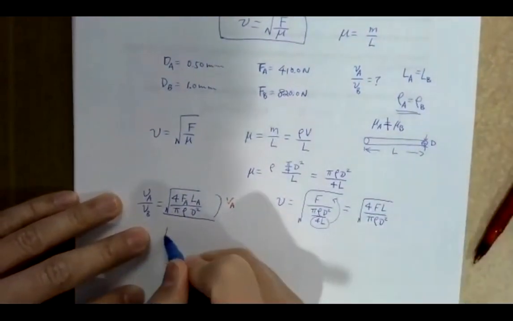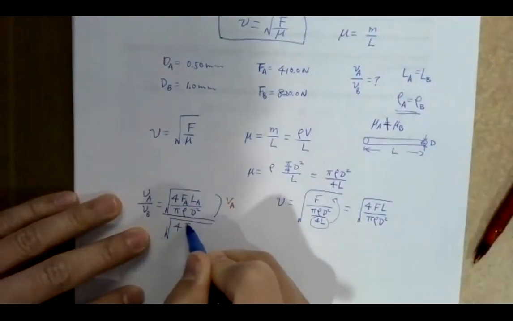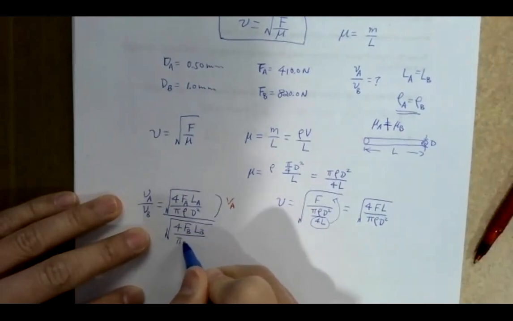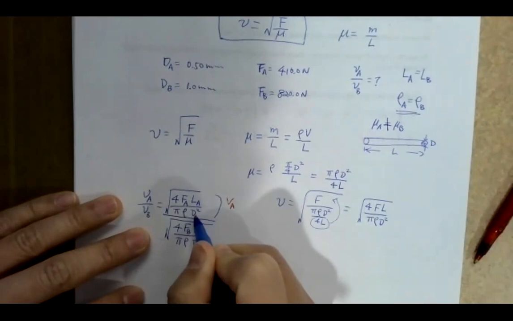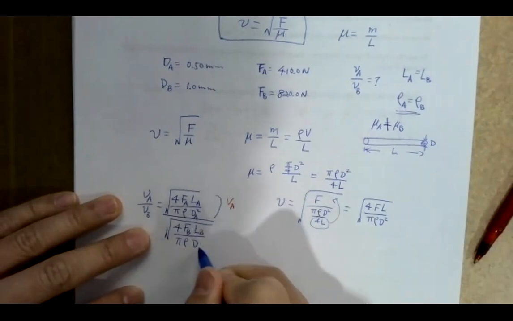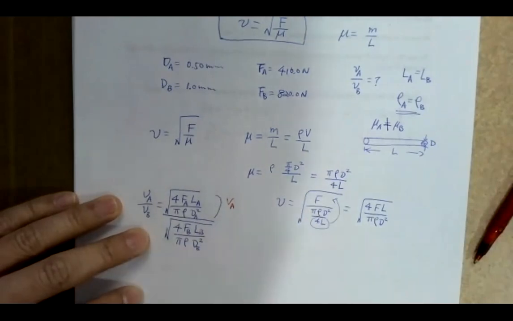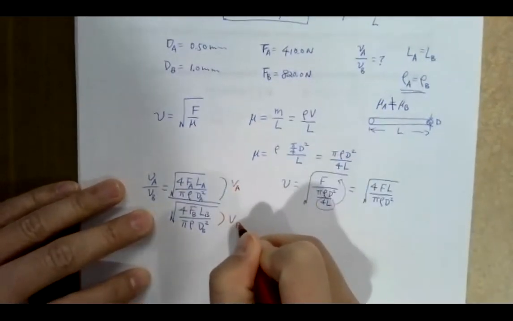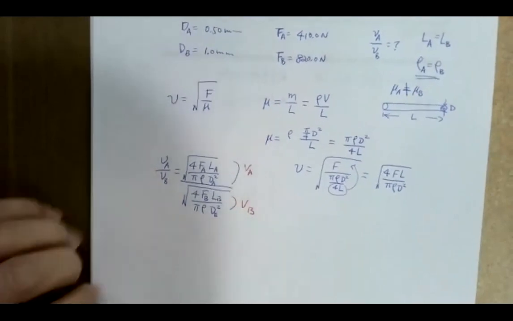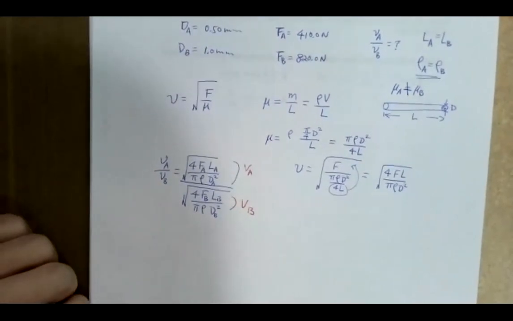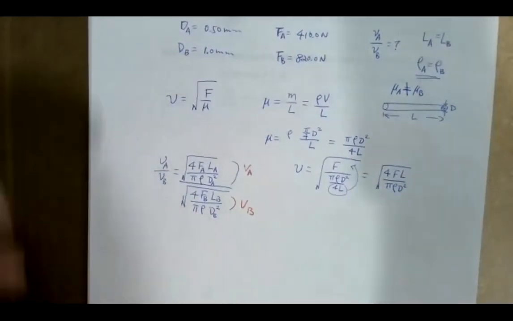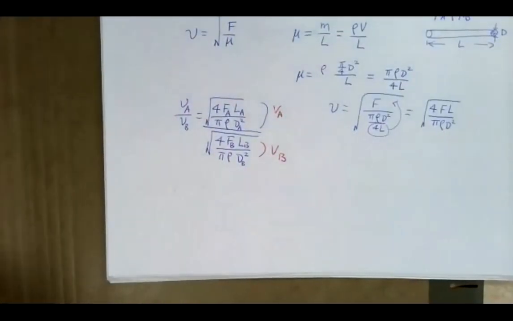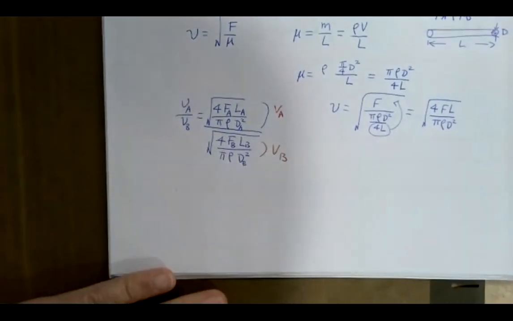At the bottom here, you should have the square root of 4 FB LB divided by pi rho, with DA on that one and DB squared on this one. So the bottom here is VB, all right? Maybe something like that, more clear.